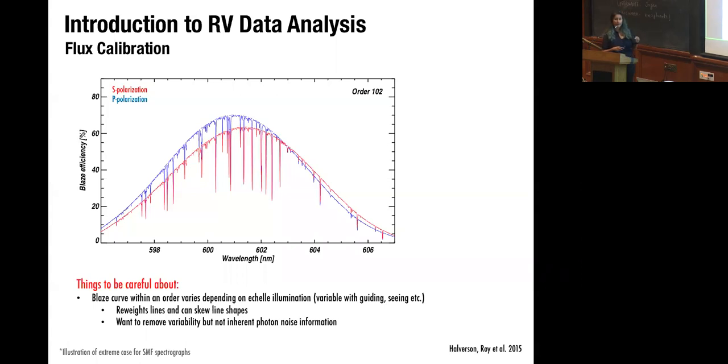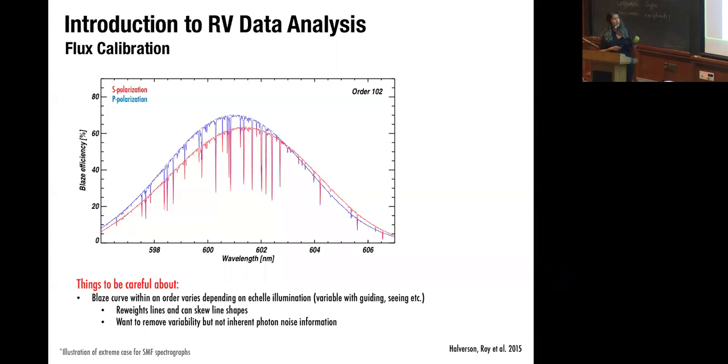This is the same wavelength of light going in, but forming two very different intensity curves on your detector. If you don't account for it, your star can vary between these two back and forth, and again change the weighting of the lines relative to each other, so what you're saying is more important, but also the shapes of the lines, because the continuum is changing underneath it. So this is another correction you have to think about.